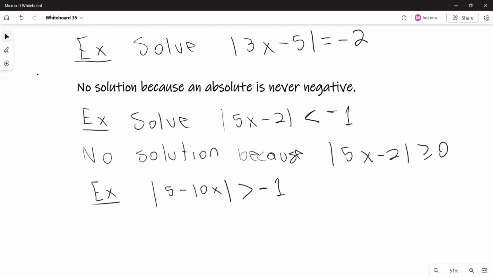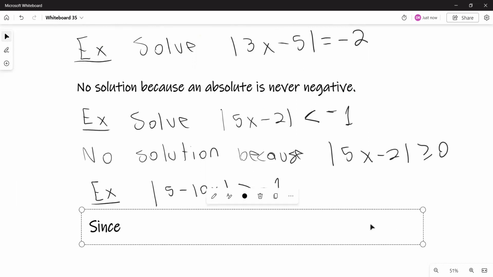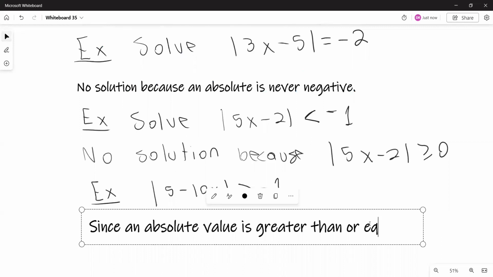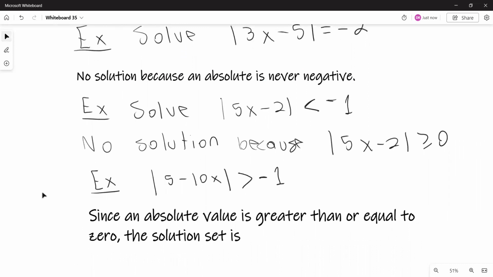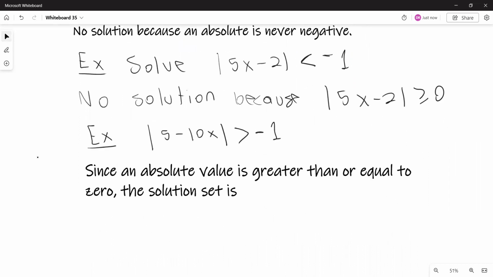That one, since an absolute value is always greater than or equal to 0, the solution set is already all real numbers. The solution set is -infinity to infinity.